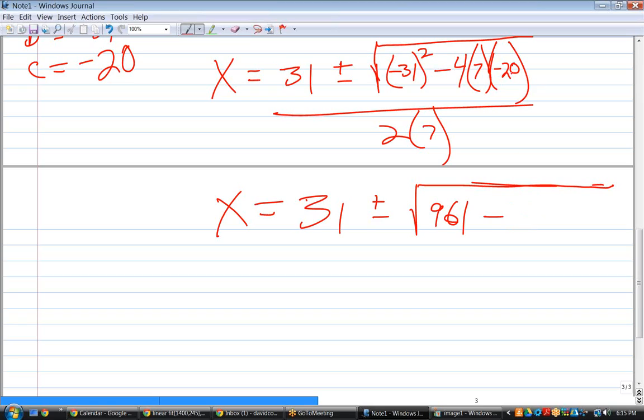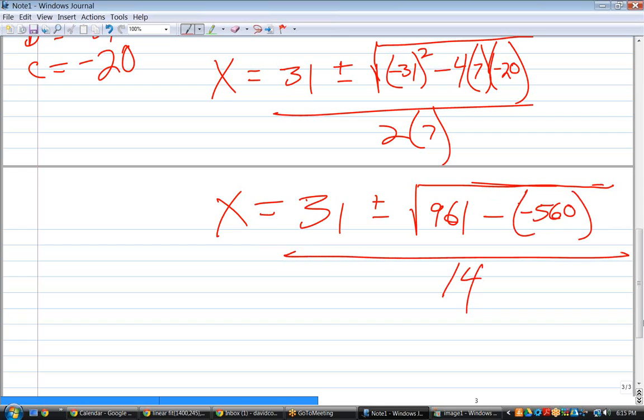All right, and let's see, this was 80 times 7, that's 560, and it is a minus of a minus, so it becomes a positive. And then this is 14.